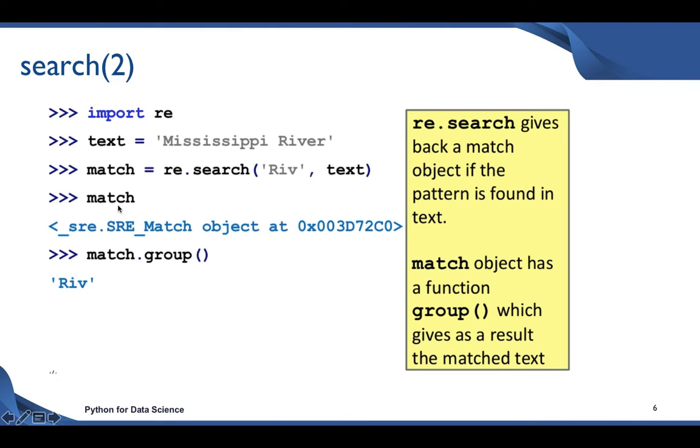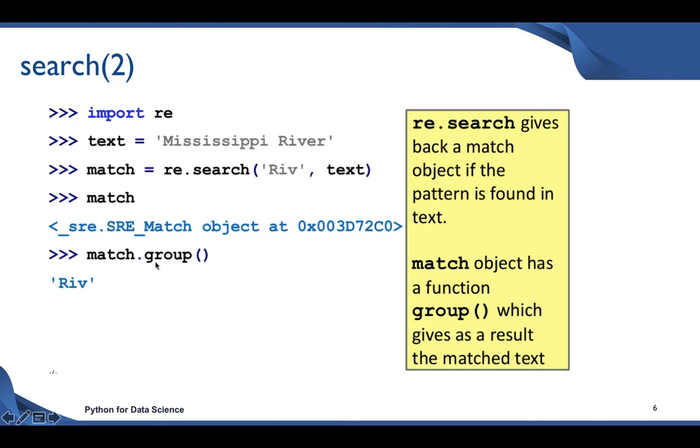So match will return you the object if this pattern is found. It will neither give you true or false, nor the text.